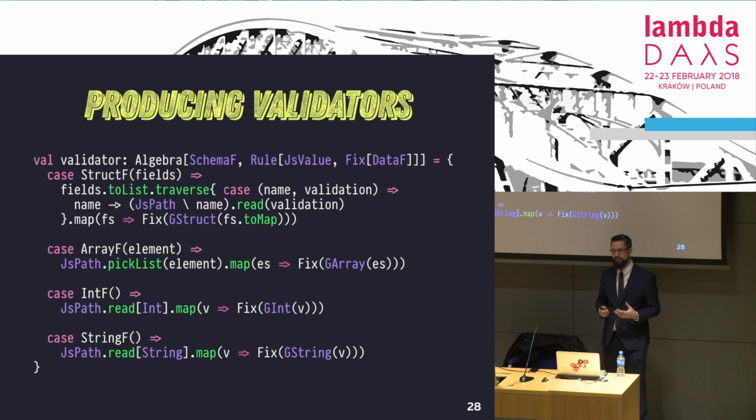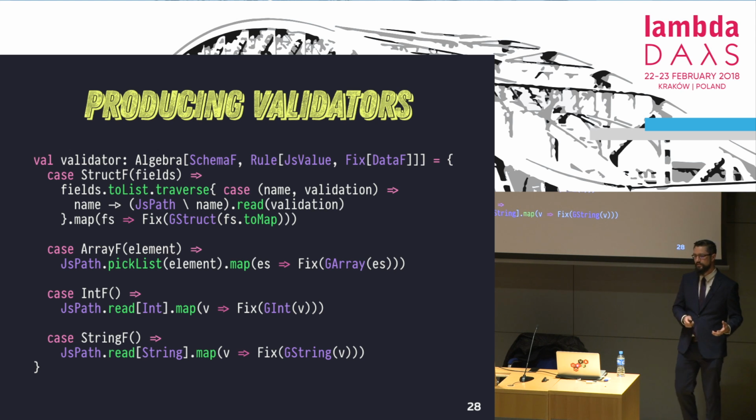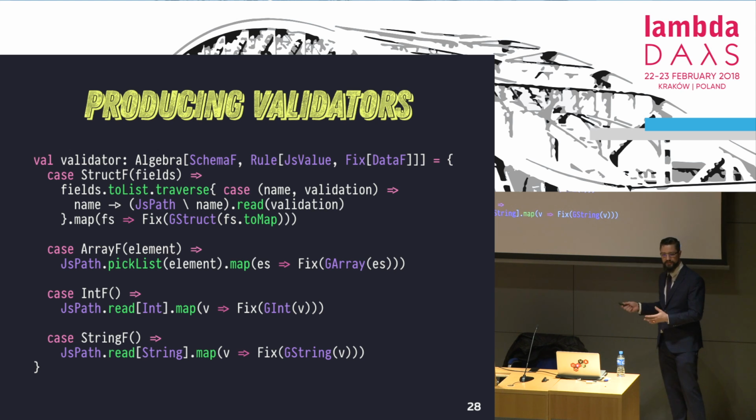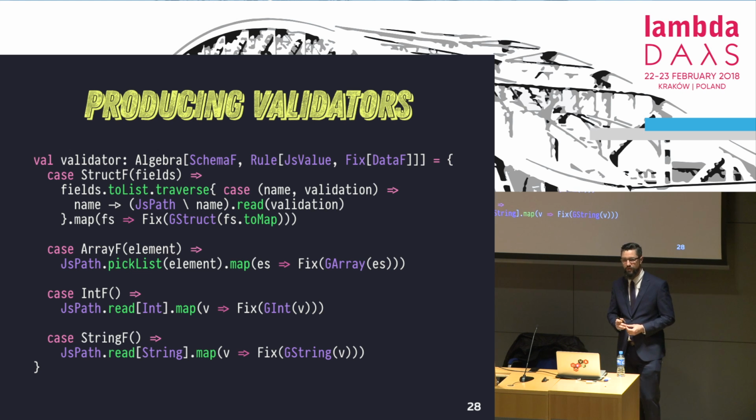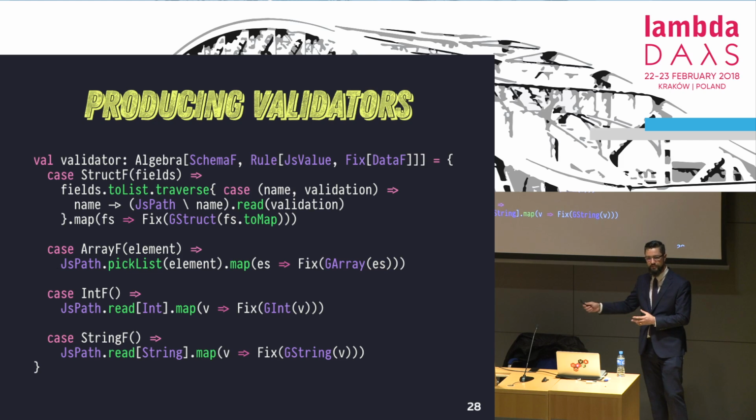And so producing a validator is really easy again. We start from a schema, and we produce a Rule that will take JSON and build a Fix of DataF. Rule has an applicative instance, so we can use it to traverse a list, and it will give us a Rule of list of fields.